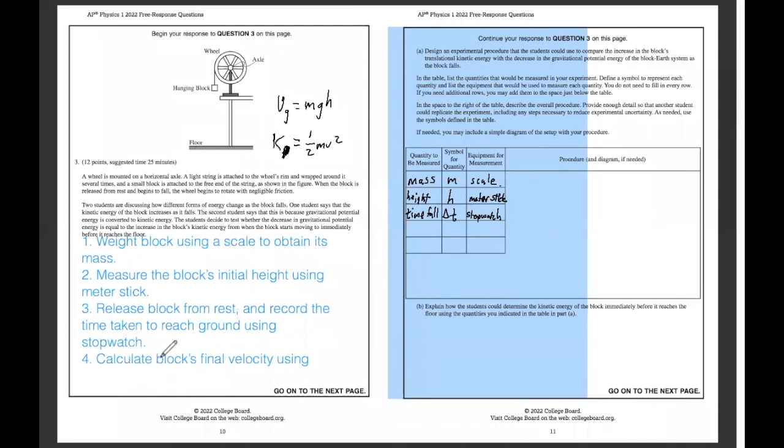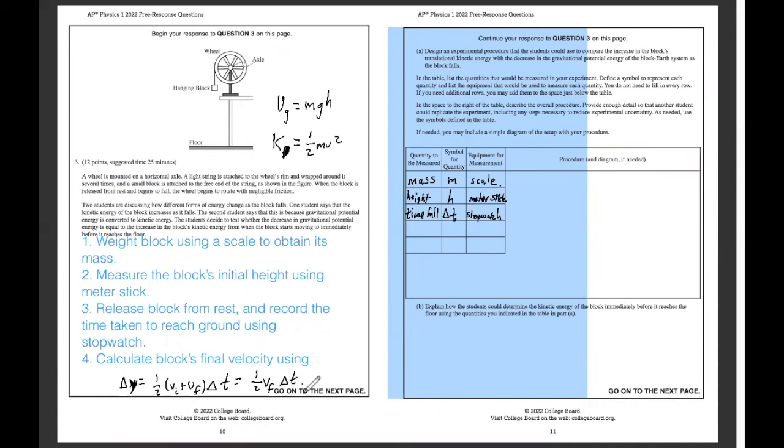All right. Anyway, I'm going to calculate the block's final velocity using a kinematics equation. So what's that going to look like? That's going to look like delta y is equal to 1/2 (initial velocity plus final velocity) times time. But because initial velocity is 0, that's just going to be 1/2 vf delta t then.